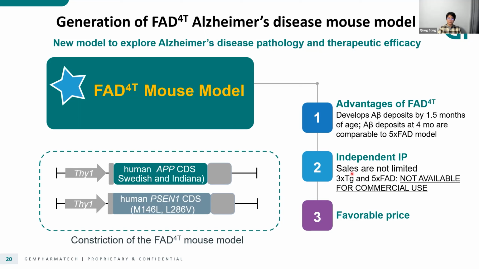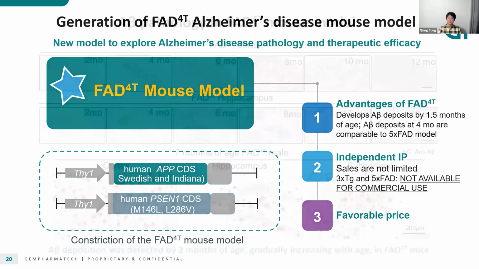Compared with the 3xTg and 5xFAD mice, which are not available for commercial use, our FAD40 mice have independent IP, so they are not limited. Everyone can use them. And besides that, there are a lot of other advantages of our FAD40 mice. I will show you later our preliminary data to demonstrate the advantages of our mouse model.